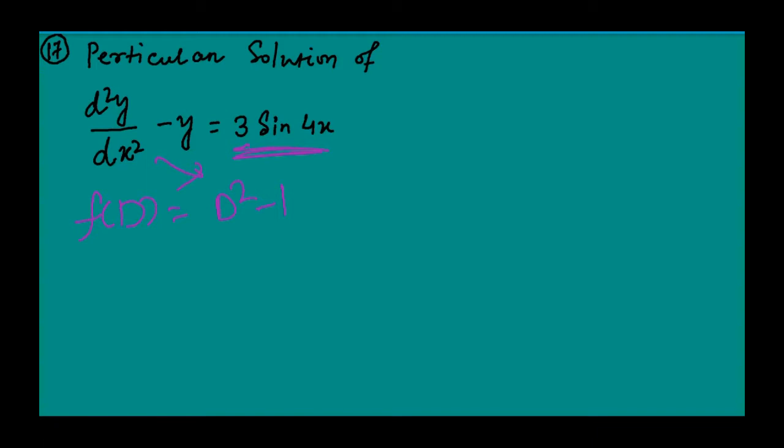Here this one is Q(x), and I have to form f of minus a square, and what is the form, k sin(ax plus b).